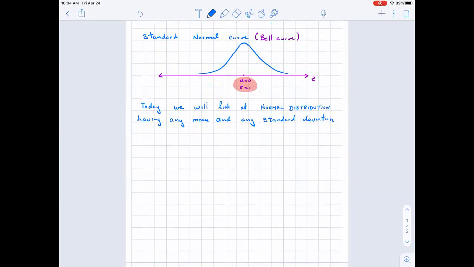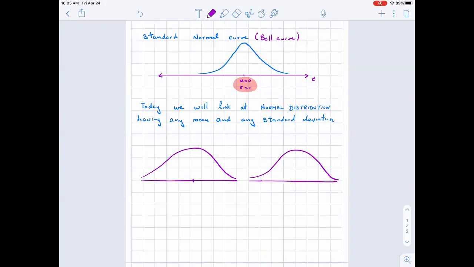If you recall, the standard normal curve is a bell curve anyway. And if we draw this curve, the graphs are basically the same.